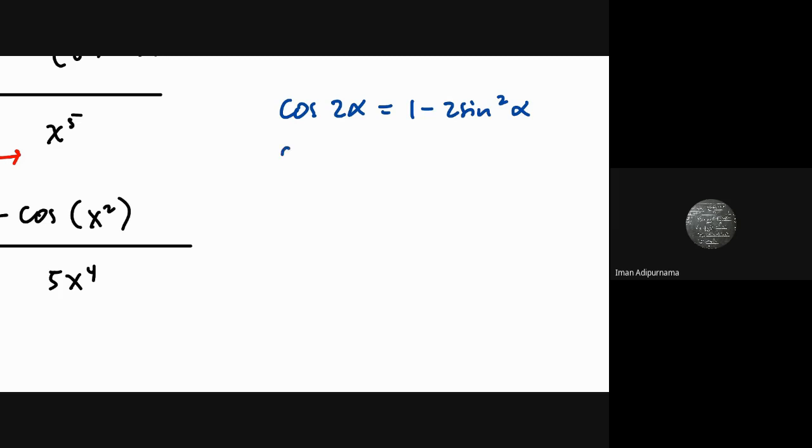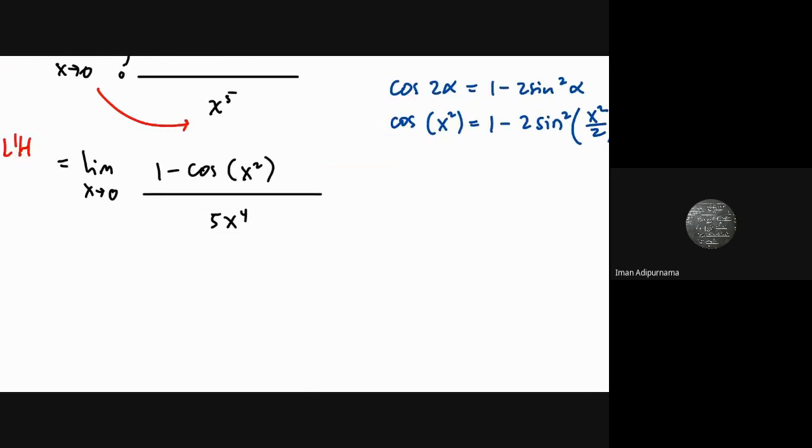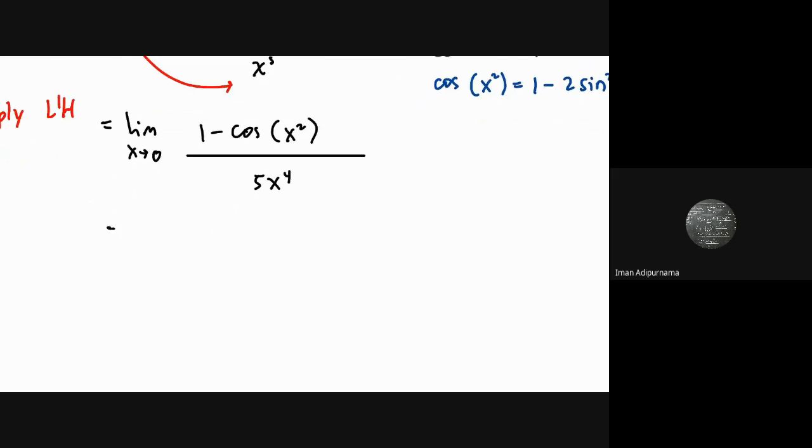So if we have cos of x squared, this will result in sine squared of x squared over 2, right? Okay, let's try to write that in our equation.